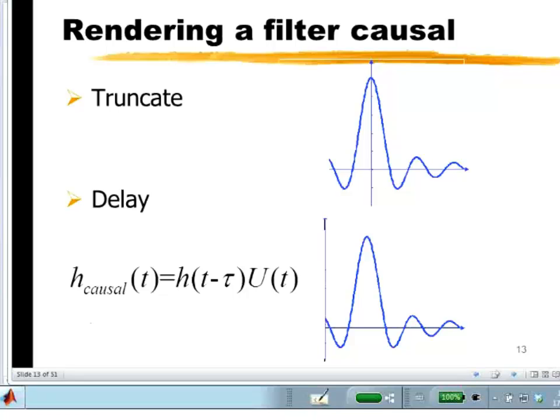If we let the impulse response go farther and farther, wider in the time domain, of course we'll get a sharper cutoff in the frequency domain, but that will mean that we have to introduce more delay before we can take the output and use it. So there's a trade-off. But anyway, this is just to say that although ideal filters don't exist in reality, there are ways that we can approximately achieve them.